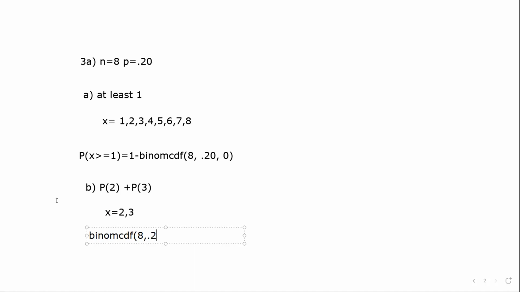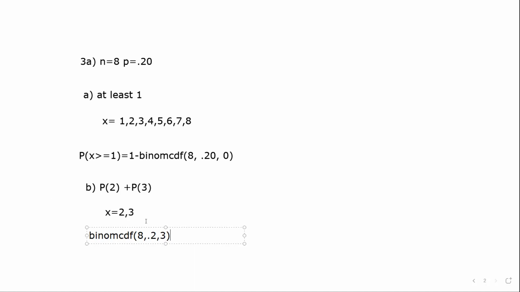I can accumulate all the way up to 3, but if I just stop here with 8, 0.2 and 3, it's going to give me 0 and 1 and 2 and 3.